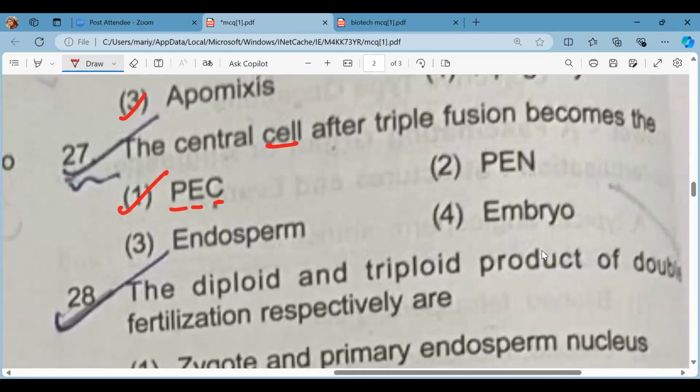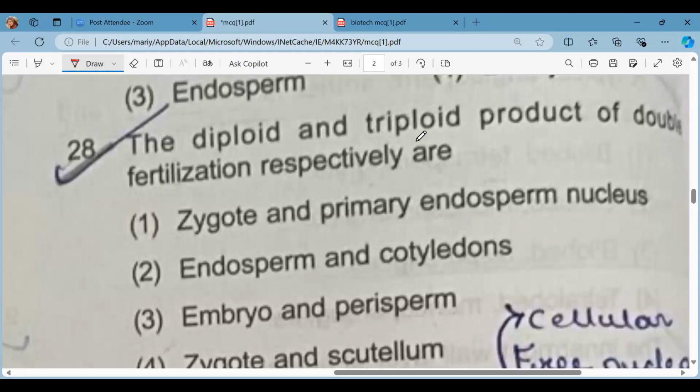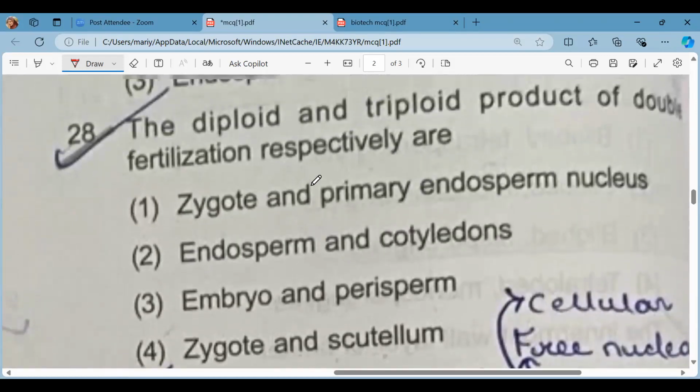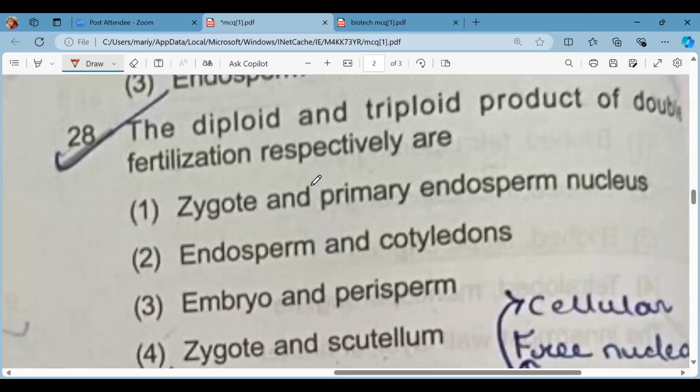Now, the diploid and the triploid products of double fertilization. I don't know this one, ma'am.